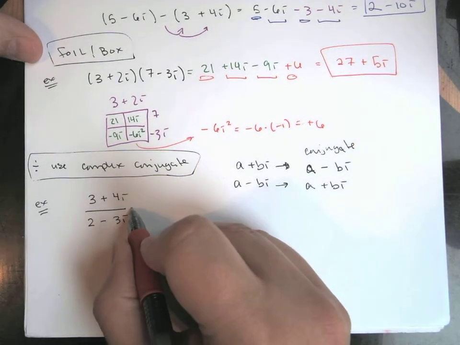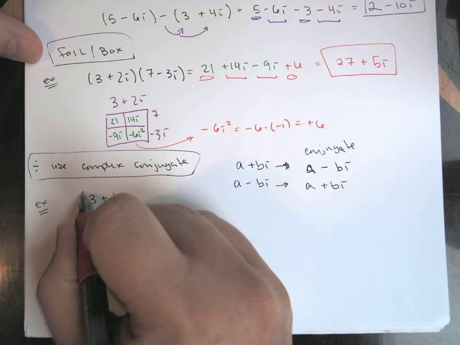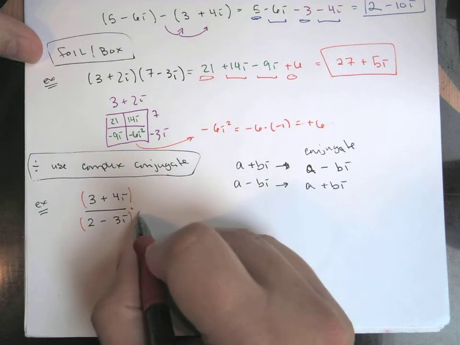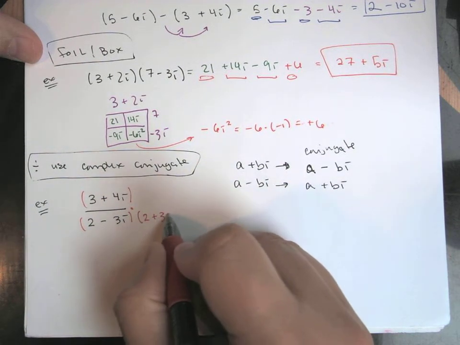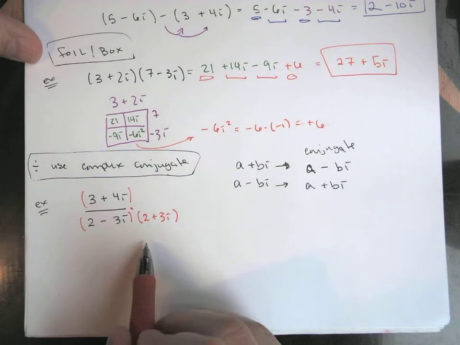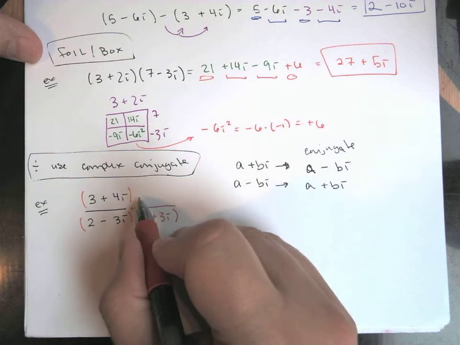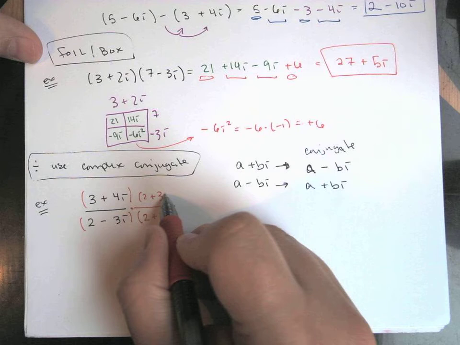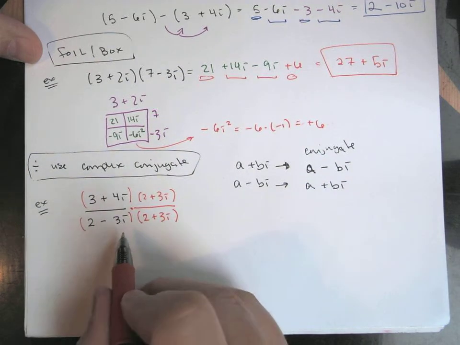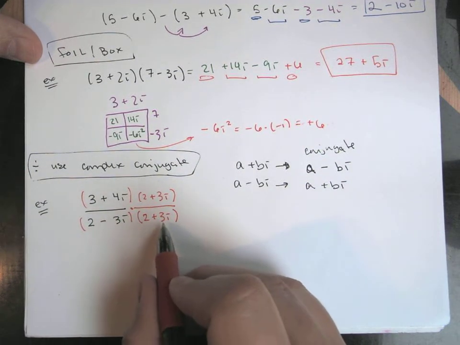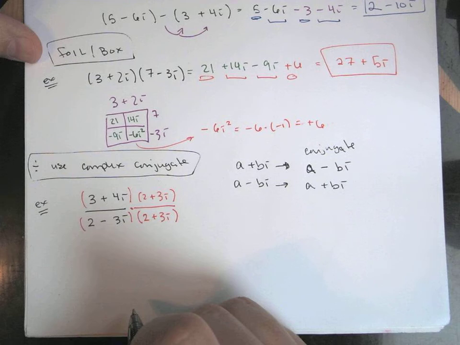And so what we're going to do, rather than do that, we'll parenthesize both of these, and I'm going to multiply top and bottom by the conjugate of the denominator. So I'm doing this particular multiplication. So in this case, our original bottom is 2 minus 3i, so I'll flip it. I'll do 2 plus 3i, and I'm going to multiply top and bottom.